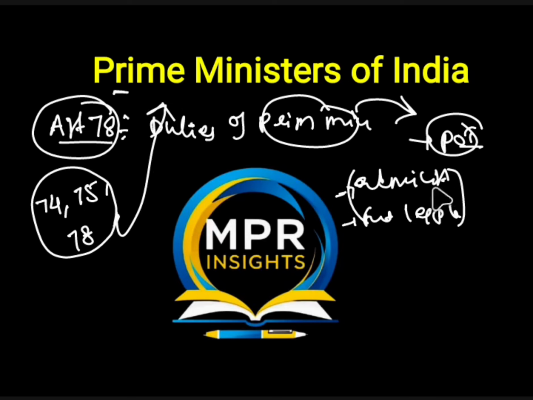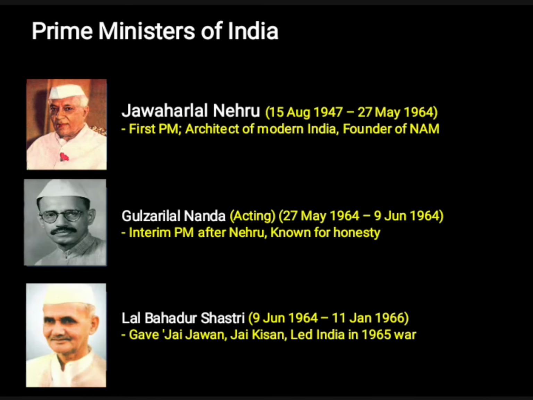So currently the Prime Minister of India is the 15th Prime Minister of India, and his name is Narendra Modi. So let's see the list of Prime Ministers from 1947 to 2025.